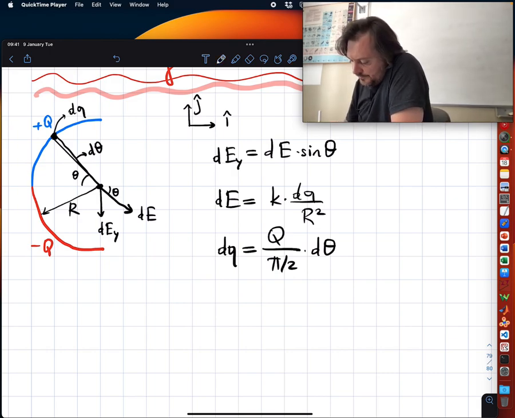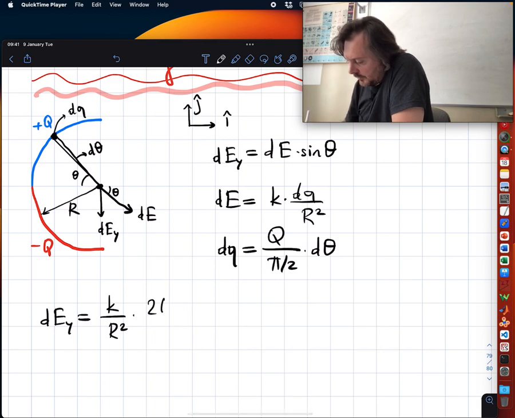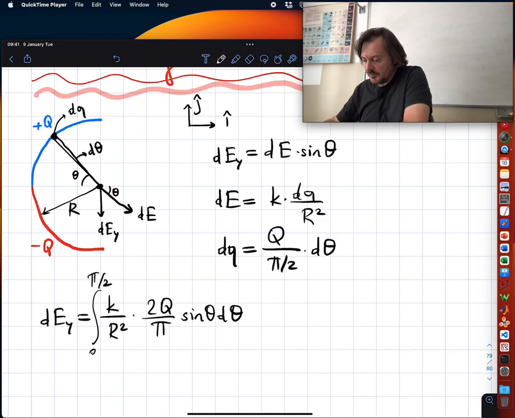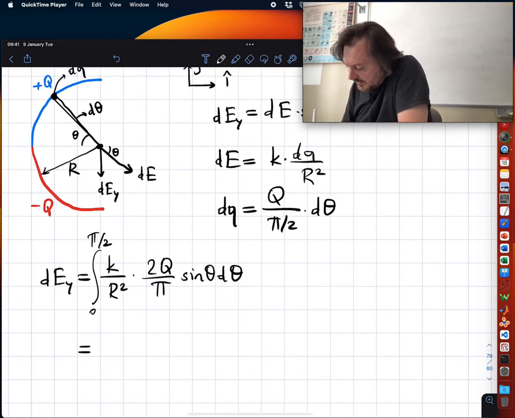So far so good. dEY is k over r squared times 2q over pi, sine theta d theta. Right? And we go from 0 to pi over 2 for the upper one. The lower one will contribute the same amount, so we will just multiply the whole thing by 2 at the end. But for now, it's basically 2kq over pi r squared.